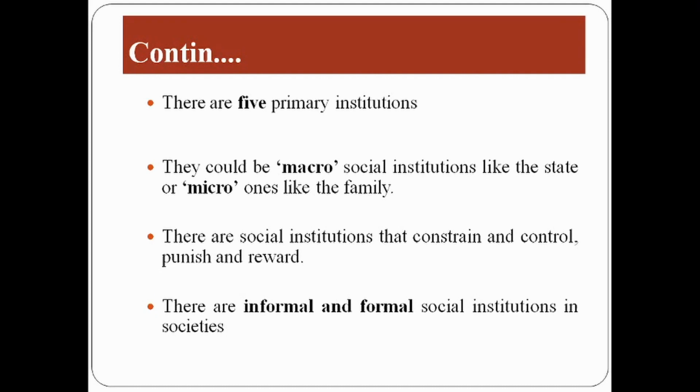There are a number of secondary institutions derived from each of the primary institutions. Secondary institutions derived from family would be marriage, divorce, monogamy, polygamy, etc. And secondary institutions of economics are property, trading, credit, banking, etc. So there are a number of secondary institutions derived from each of the primary institutions.